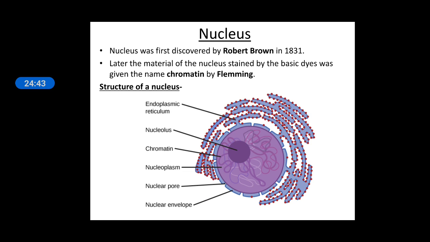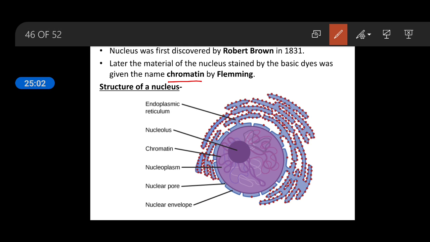Later the material of the nucleus stained by the basic dyes was given the name chromatin by Fleming. So in the second line it is talking about chromatin fibers. These chromatin fibers can be stained with the help of basic dye. Why basic dye?